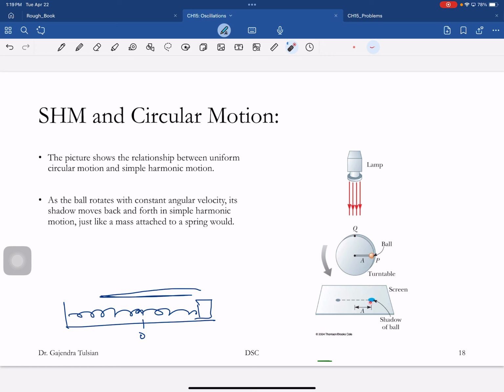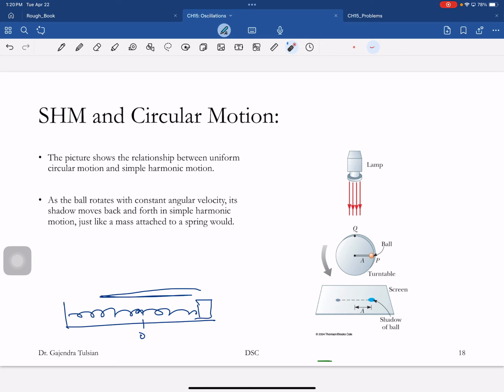All right, where is the shadow going the fastest? At the center. And the speed of the shadow at the center is equal to the speed of the object. You could make a projection on this wall as well. So it turns out that uniform circular motion is a combination of two simple harmonic motions.